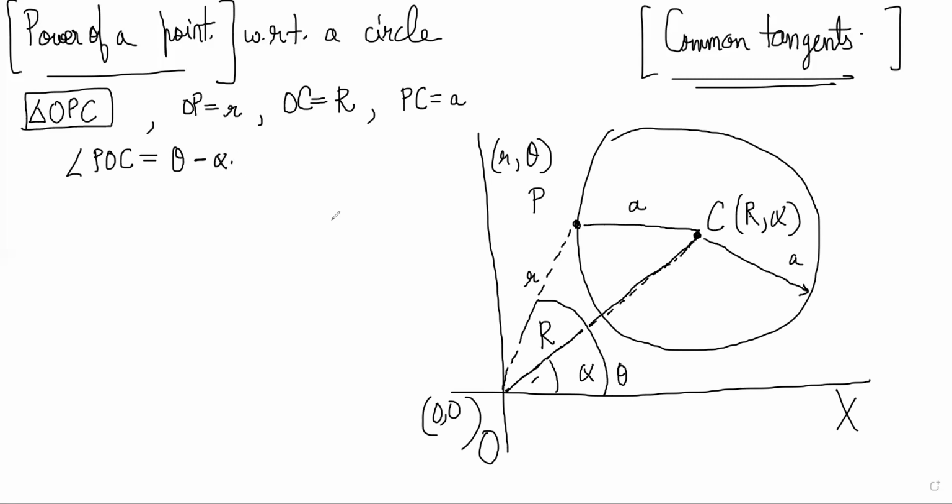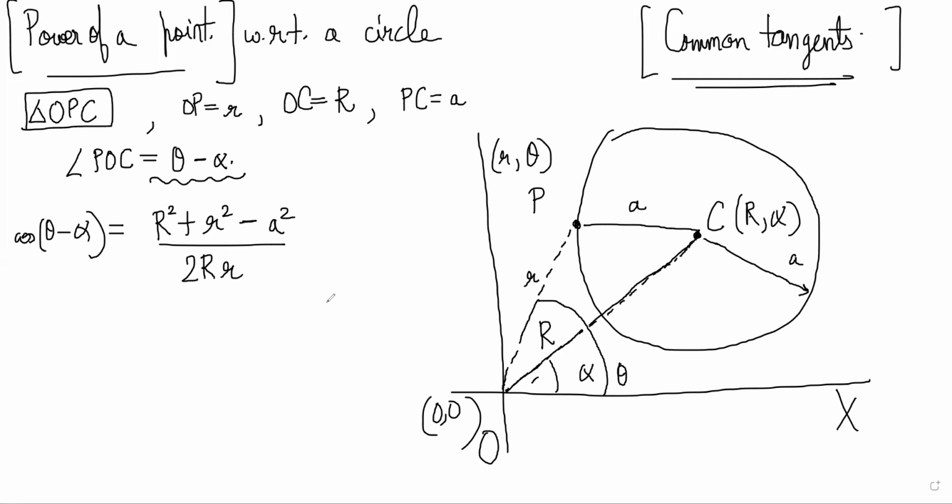So in triangle OPC, if I do the cosine rule for this angle, cos of theta minus alpha should be equal to this square plus this square minus this square, so capital R square plus small r square minus a square, divided by 2 capital R small r.